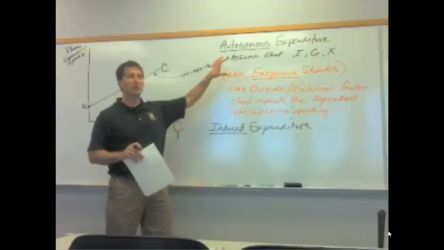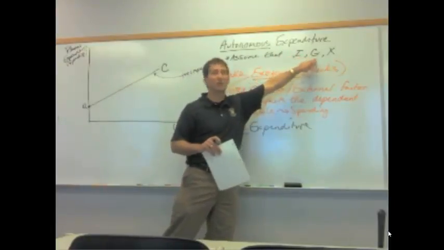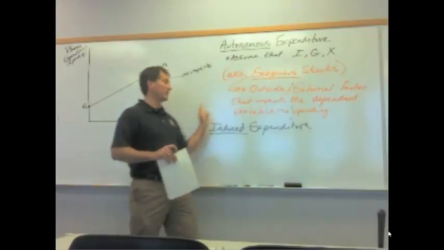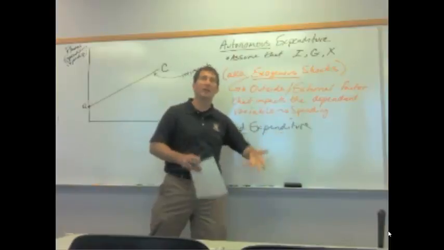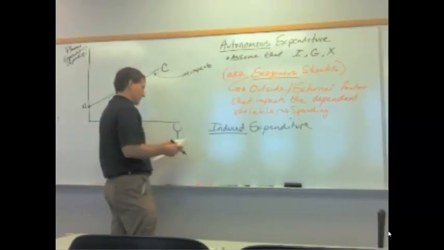So the initial injection of this exogenous shock, the initial spending of $100 million on weapons, induces other people to spend when their incomes go up. So that's the distinction, induced versus autonomous.